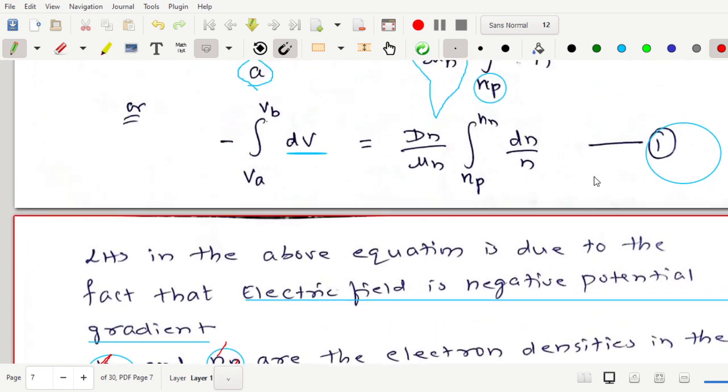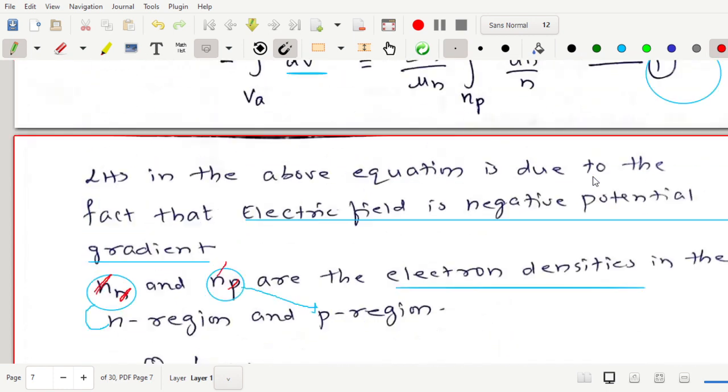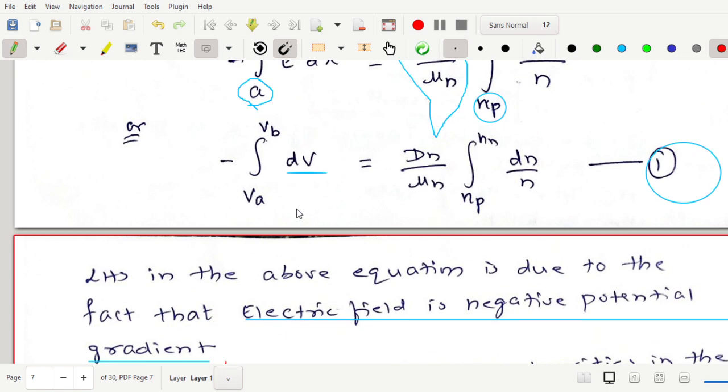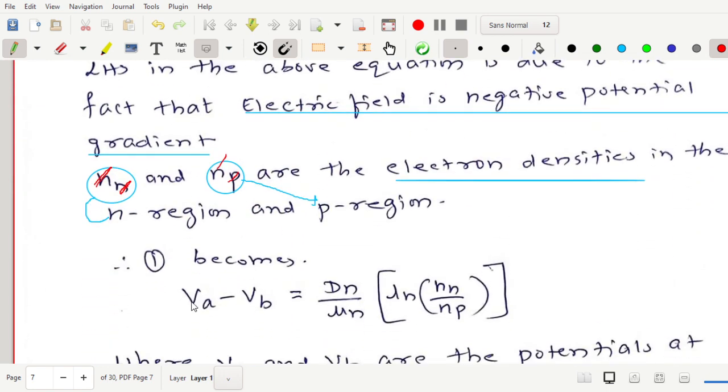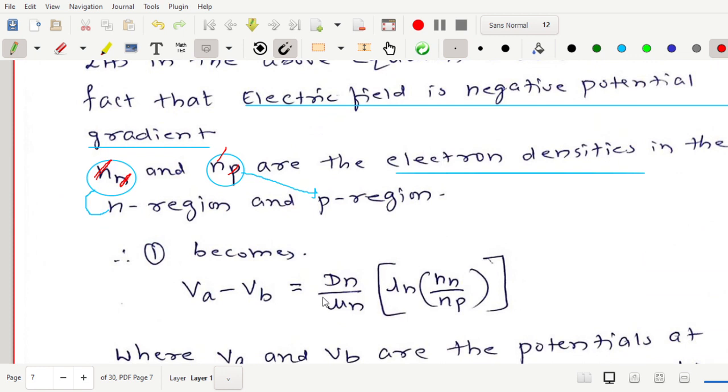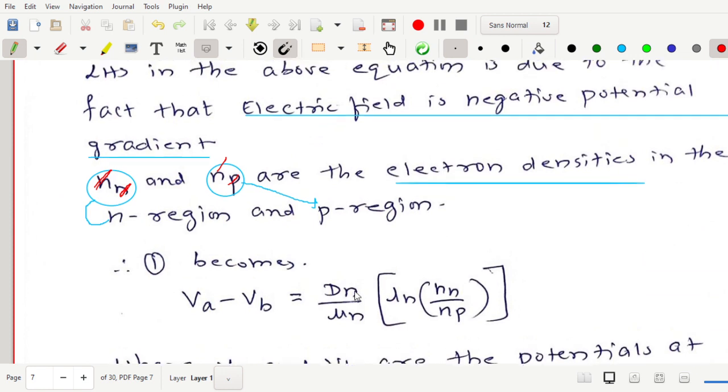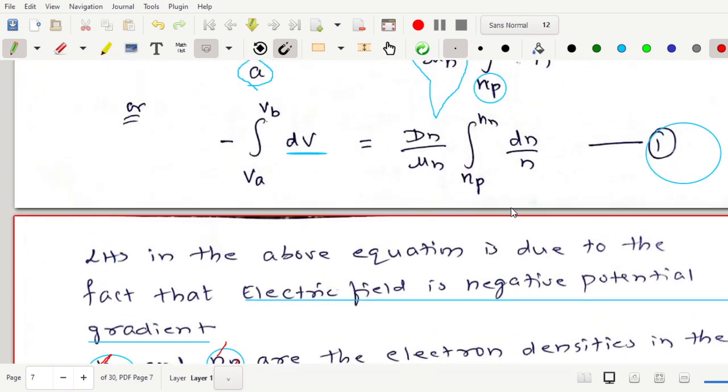So if we solve this equation number 1, on this side it becomes Va minus Vb is equal to dn upon mu n, and if we integrate this, it is the integration of 1 by n.